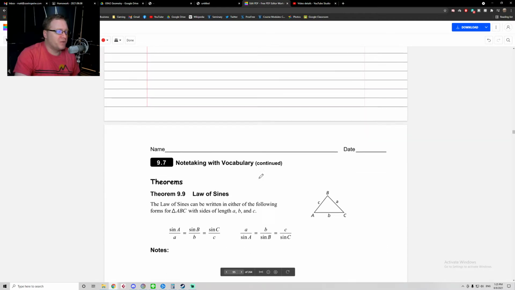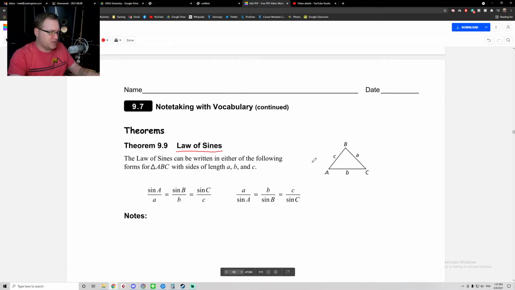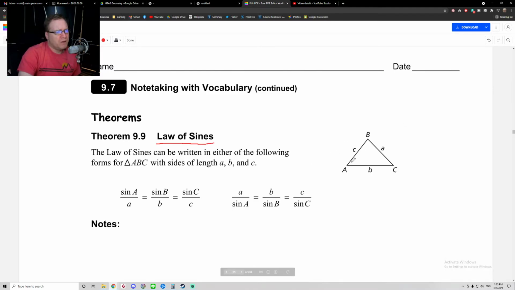We're going to talk about the first of these rules. It's called the law of sines. We're going to begin with the triangle. And remember the way we named the triangle, just like yesterday. We have three sides, and they're A, B, C. It doesn't matter what order we write them. But we have three sides, and they're the little letters, little a, little b, and little c.